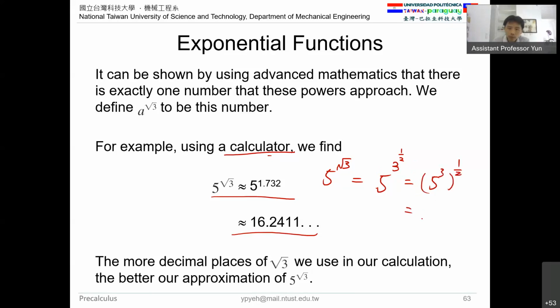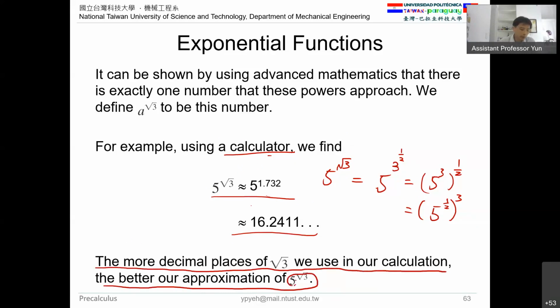You can find this by using 5 to the power of 1 divided by 2 of the 3 times here, and approximately find the result of this term by hand. But you can also use a calculator to find the solution of this exponential function. As we learned, the more decimal places of the square root of 3 we use in our calculations, the better our approximation of the number. Okay.